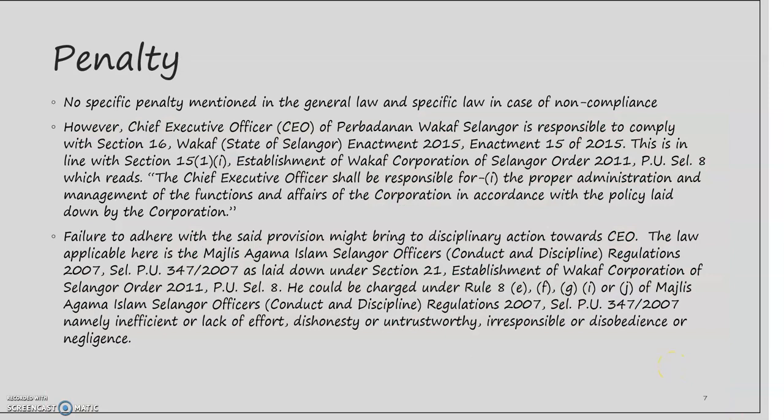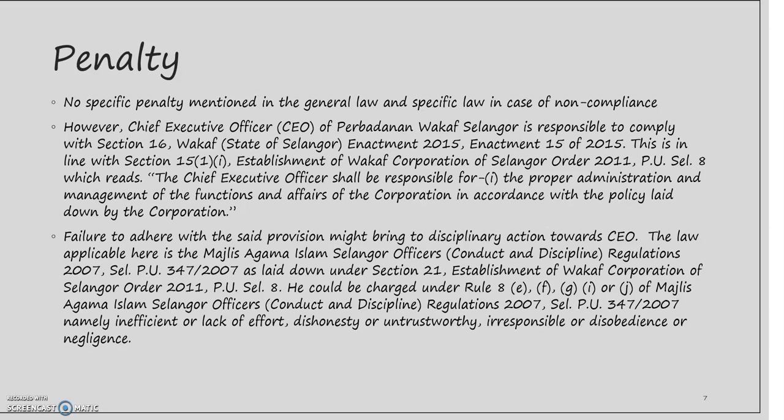What about the implication as far as the law is concerned? What is the implication if the Perbadanan Wakaf Selangor, the party responsible to do the Gazette, fails to do so? As far as the law is concerned, there is no clear provision that it is an offence or a clear penalty for that, but it is considered an act which, if the party fails, then the person responsible can be subjected to disciplinary action.